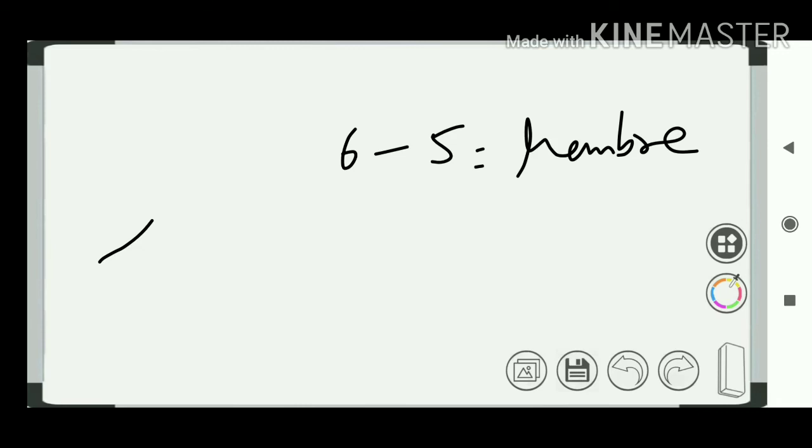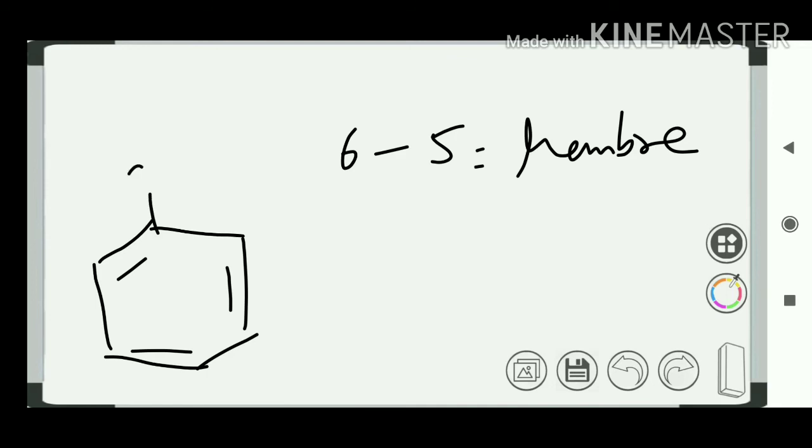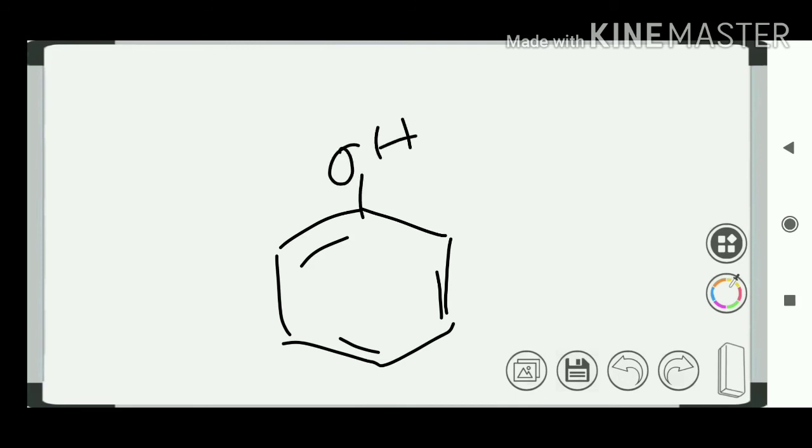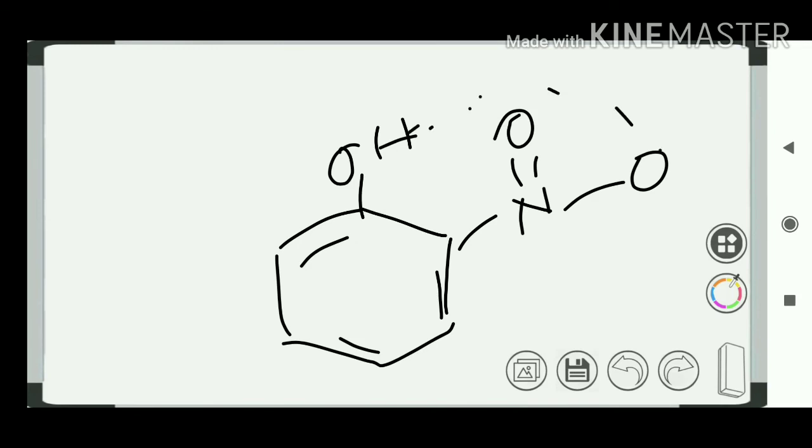If you see the intramolecular bond of salicylic acid, we know that the groups are present at the ortho position, where the hydrogen is going to make a bond with the oxygen. Similarly, if you take nitrophenol, the hydrogen is going to make a bond with the oxygen atom of the nitro group.